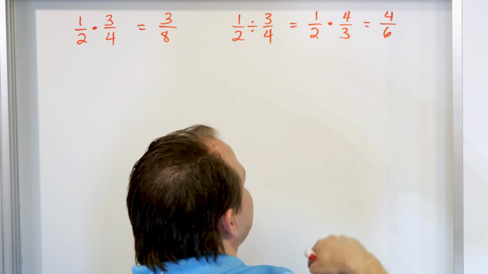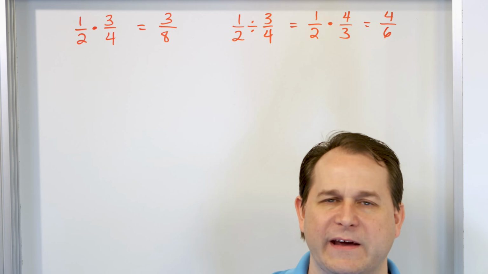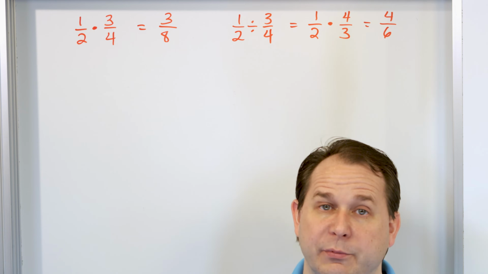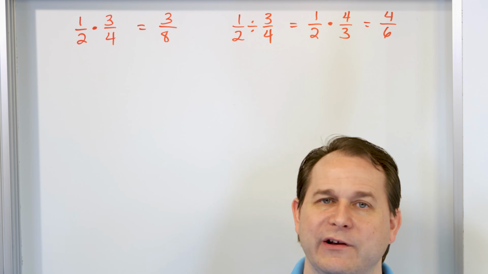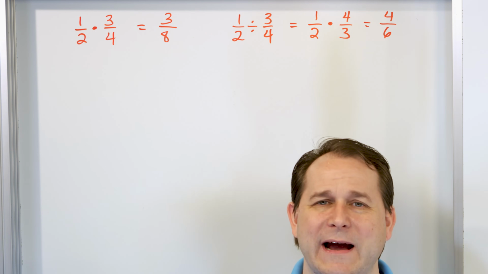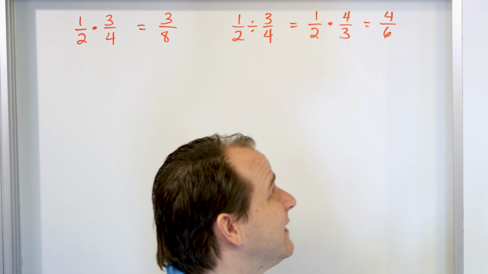Now you can simplify 4/6 by dividing 2 on the top, 2 on the bottom. You already know how to simplify fractions. But the point here is for algebra, when you're multiplying rational functions, you multiply the tops, multiply the bottoms. If you're dividing these rational functions, then you have to change it to multiplication and flip it upside down, just like we do for numbers.